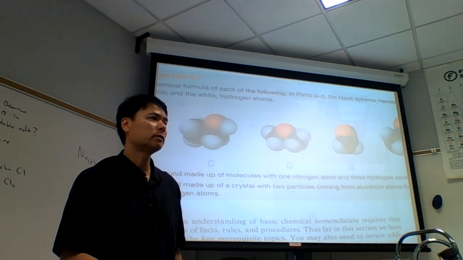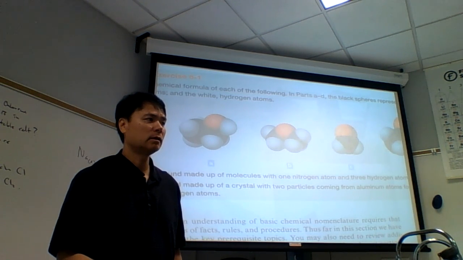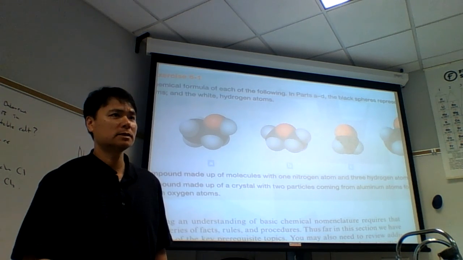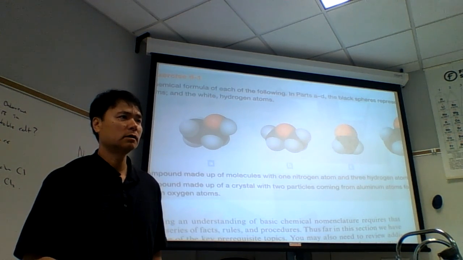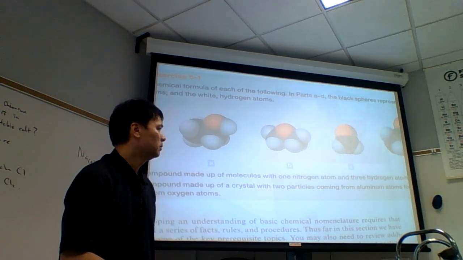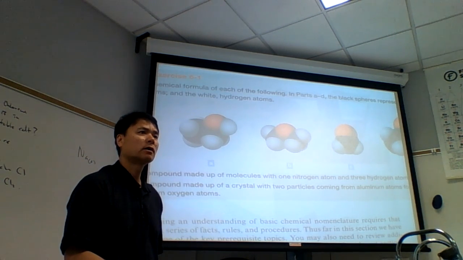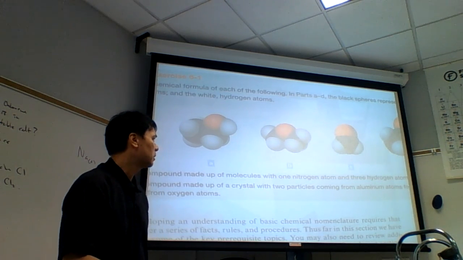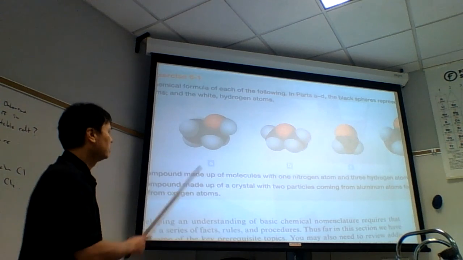Propanol is a 3 carbon alcohol. Butanol is a 4 carbon alcohol. Pentanol is a 5 carbon. Hexanol, 6. Hept, H-E-P-T, is 7. Oct, 8. Nonanol is 9 carbons, and decanol would be 10 carbons. So this is ethanol here.